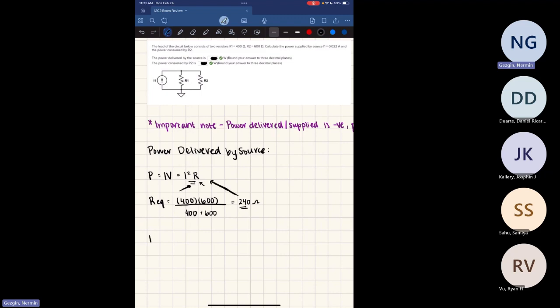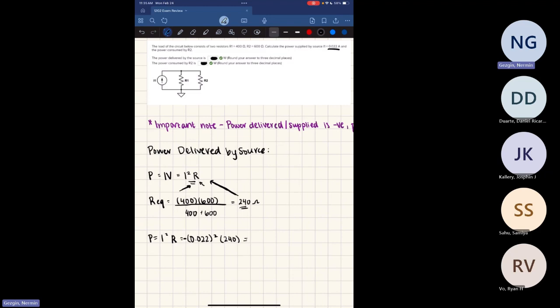So now we have the R that we need for this equation here. So now it's just plugging into this. So it's I squared R. I in this case is 0.022 amps. So we do that. We square it and then we multiply that by 240 ohms. And that gives us, again, like I said, because it's delivered and supplied, we put the negative out here.